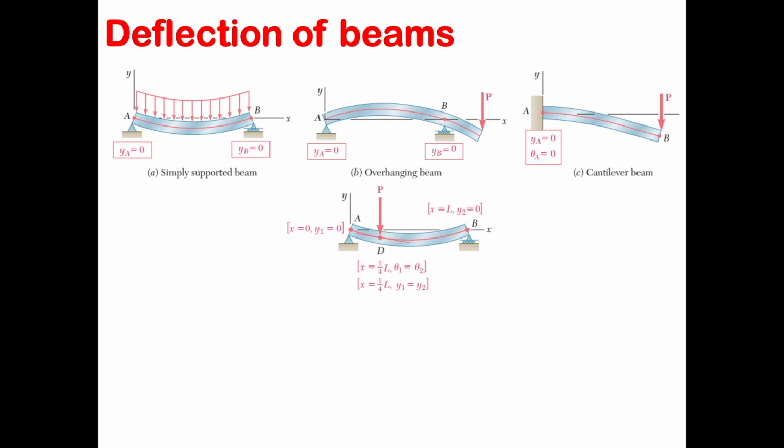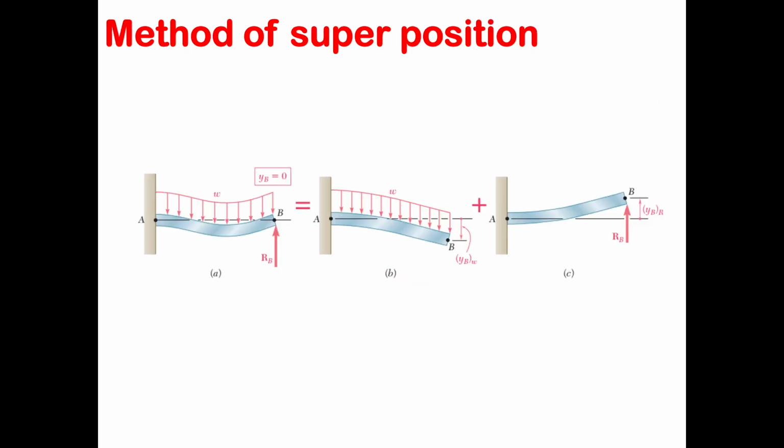We have the analysis for the cantilever beam, the overhanging beam, the simply supported beam, and for each of them we have the boundary conditions, right? If you plug these boundary conditions there, you can actually find the final values for the beam.